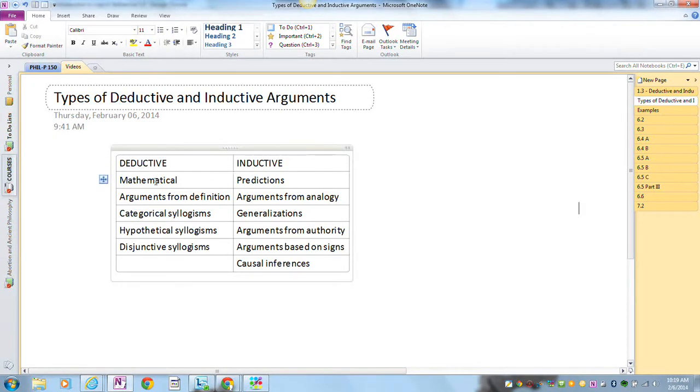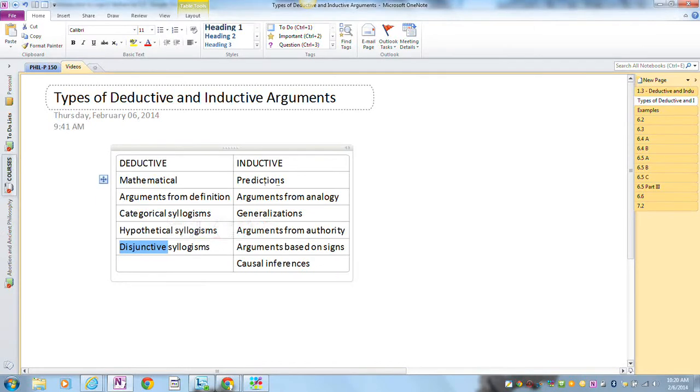I'm not going to go over every single type of argument here because these arguments are covered extensively in the textbook. But mathematical reasoning is deductive, arguments from definition, syllogisms, either categorical, hypothetical, or disjunctive. These are all types of deductive arguments. So you have to be familiar with those types of arguments.